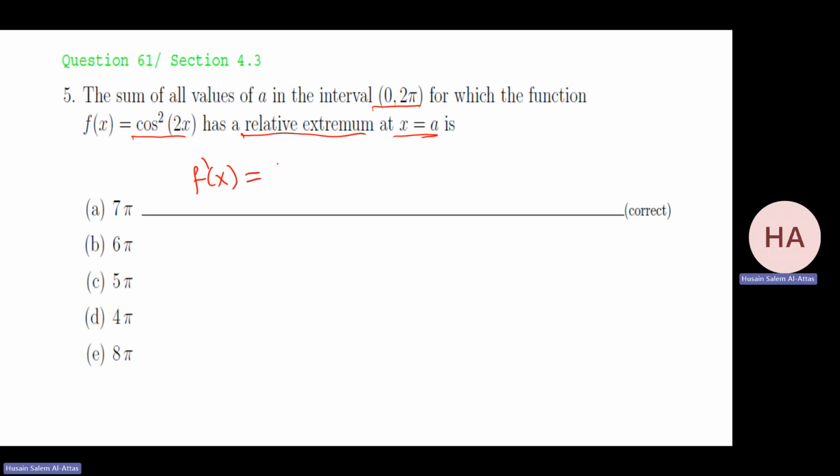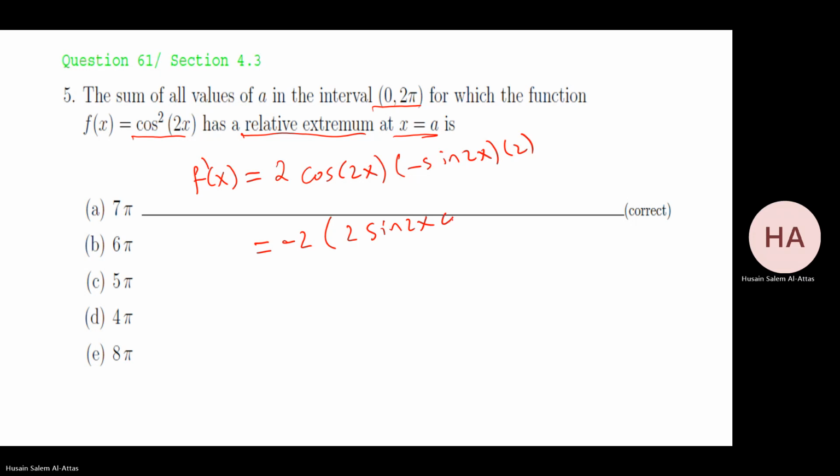I have f prime will be 2 cosine 2x times minus sine 2x times 2. Okay. And that will be what? Notice this is minus 2 sine 2x cosine 2x. And this one is what? It is sine 4x.